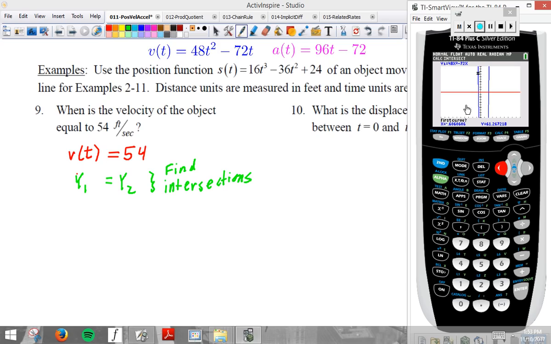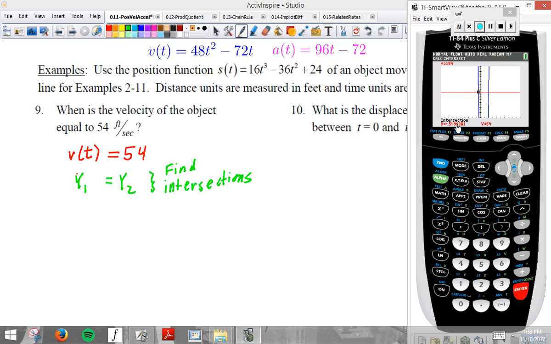You might never find your cursor, but at least I was able to find it. This is my first curve. I'll hit enter. Here's my second curve. I'm on the horizontal line, y2 equals 54. If I go left and right, you can see that I'm tracing out that line. Enter. I want to use that as a curve. Where do I guess the intersection is? Right around here. Enter.